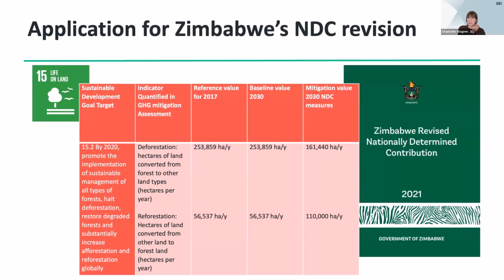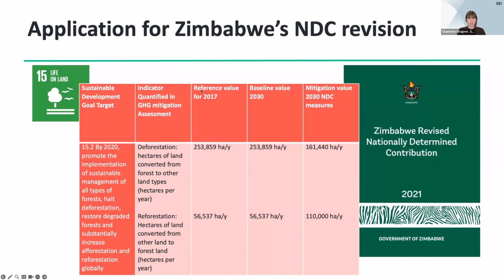And so this tool was, for example, used in the development of Zimbabwe's NDC revision, where it was used to, on one hand, calculate the climate mitigation benefits, but then also to look at the sustainable development goals and specific targets. For example, here, reductions in deforestation and increases in reforestation of land.